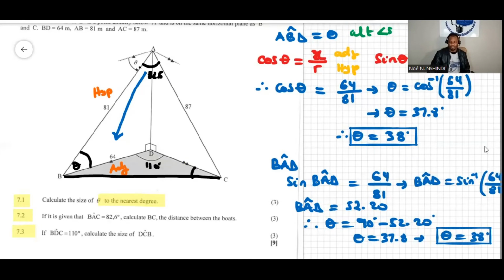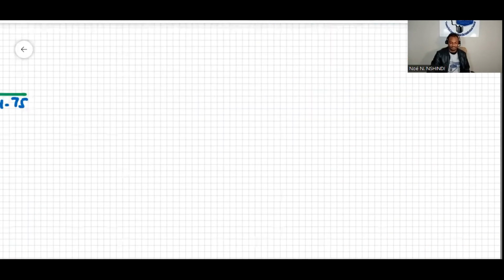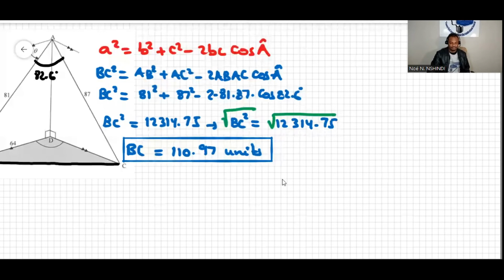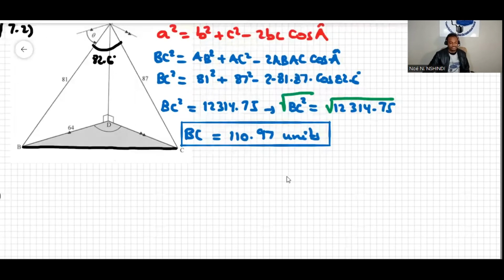So I'm going to move the board over here. This is question 7.3. It says that if the angle BDC, so this angle, is equal to 110 degrees, then we are asked to find the value of the angle DCB.